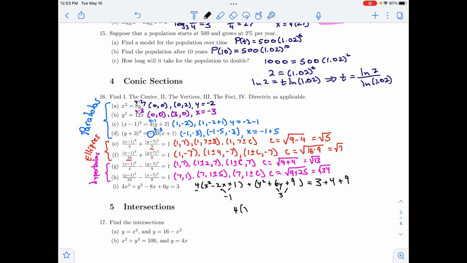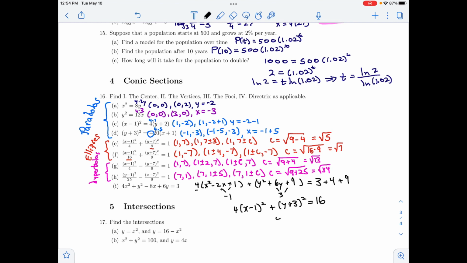Look, here's what I got now. I've got 4(x minus 1) squared plus (y plus 3) squared equals, let's see here, this is going to be a 16, I believe. Then I divide by 16, and what you're going to end up with is (x minus 1) squared over 4 plus (y plus 3) squared over 16 equals 1.